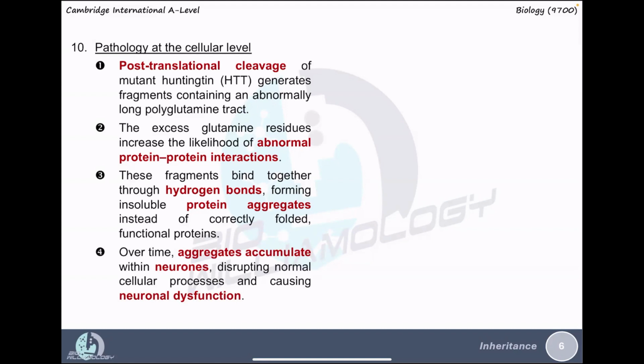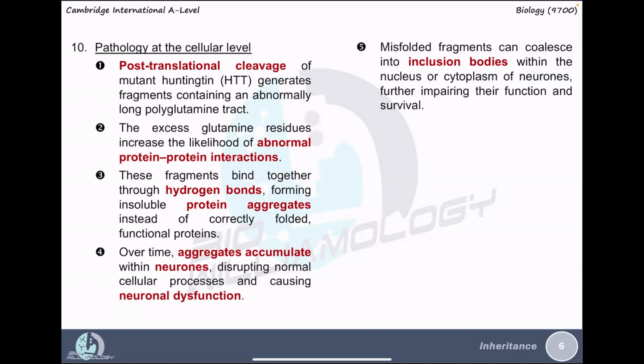Over time, aggregates accumulate within neurons, disrupting normal cellular processes and causing neural dysfunction. This actually explains why the disease is adult onset, because it takes time to accumulate sufficient aggregates to disrupt the normal cellular process within the neuron.